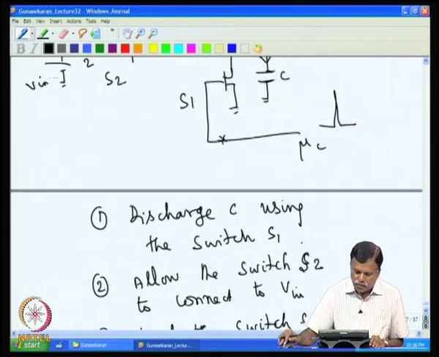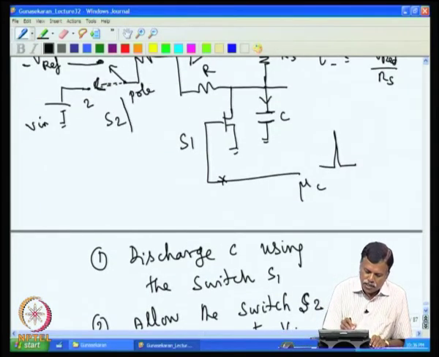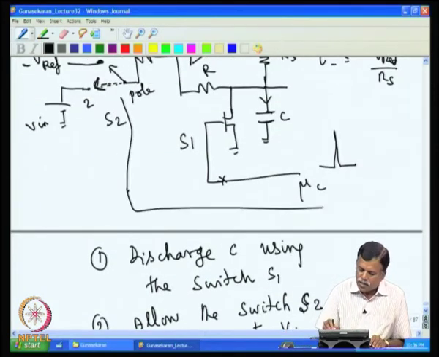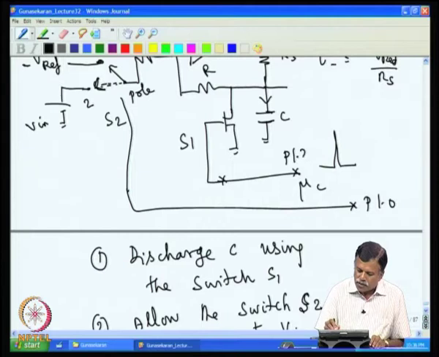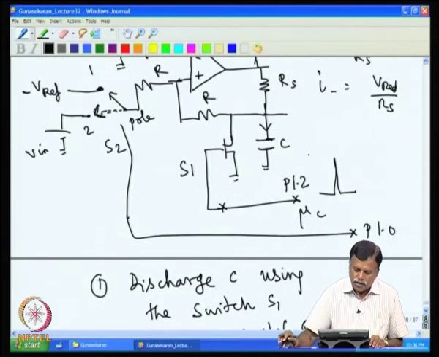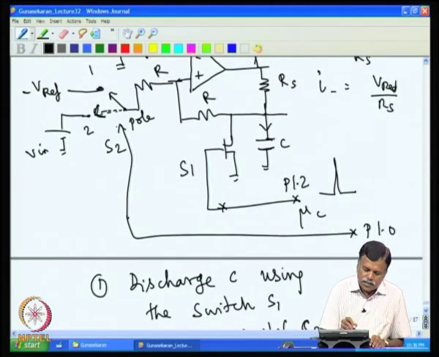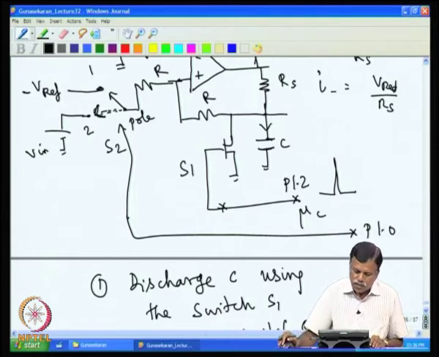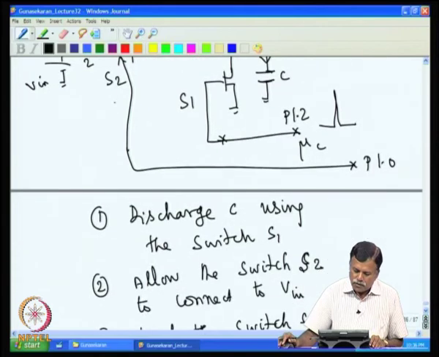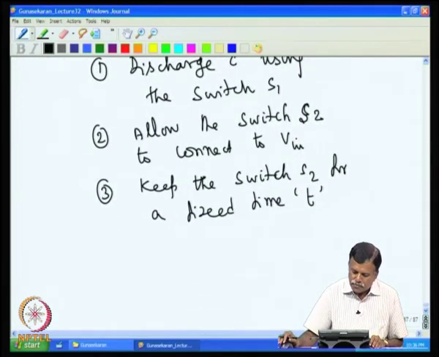This can be done easily by a microcontroller, because we can have a switch here, and then this can be connected to another terminal of the microcontroller. For example, we can connect P1.0, another port pin we can connect P1.2. So, this can be a MOS switch, so the on resistance is very small. So, allow this for a fixed time t.